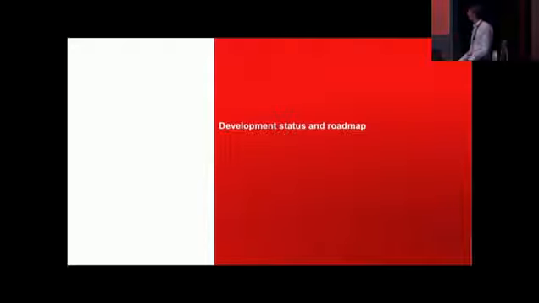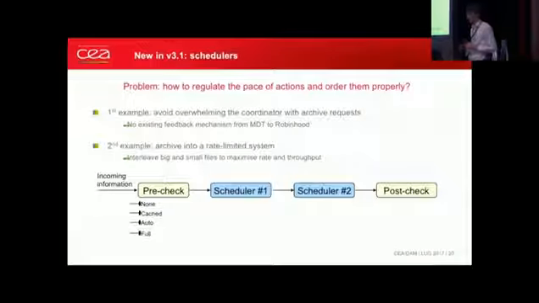So, a couple of pieces of information about what we are doing at the moment, where we are going. The next release will be 3.1. 3.0 has been in the wild for a while now. So we are working on version 3.1, and one of the big problems we had is the regulation of the pace of actions that are emitted by Robinhood.